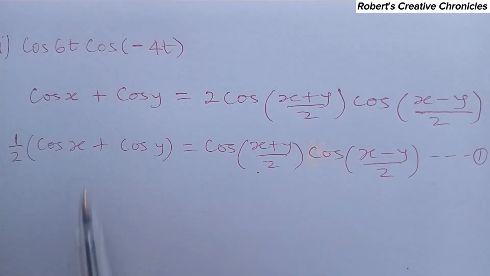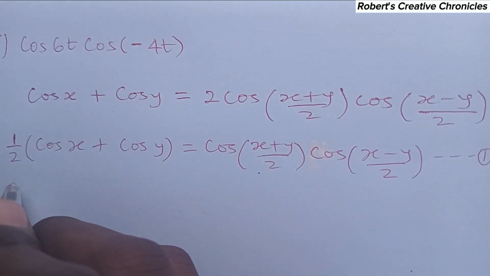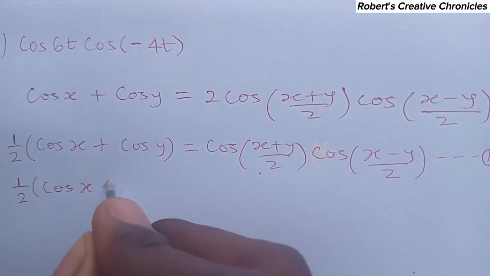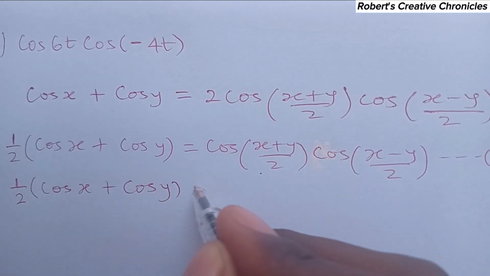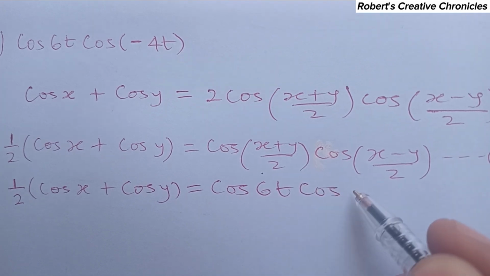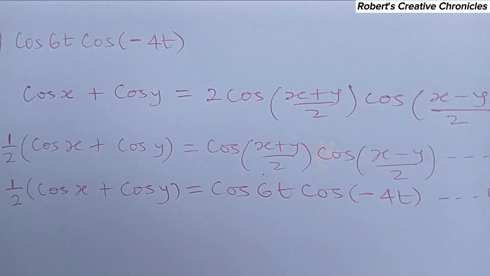Now this is also in cos and cos, so we can express it in this form. So it becomes half (cos x plus cos y) equals cos 6t cos minus 4t. So this is equation 2.